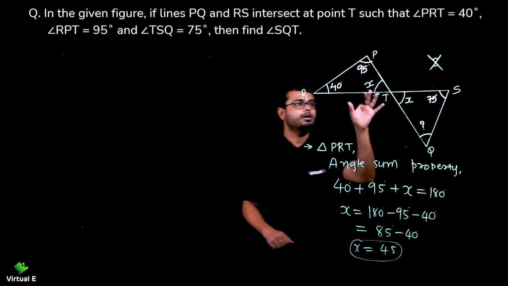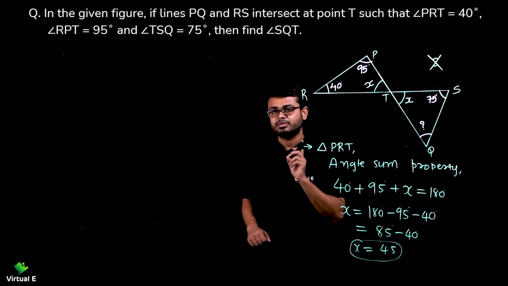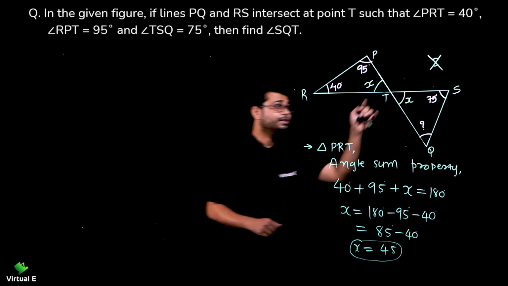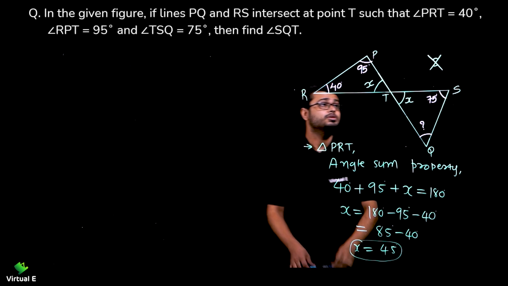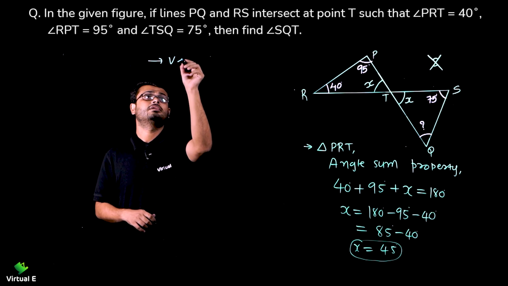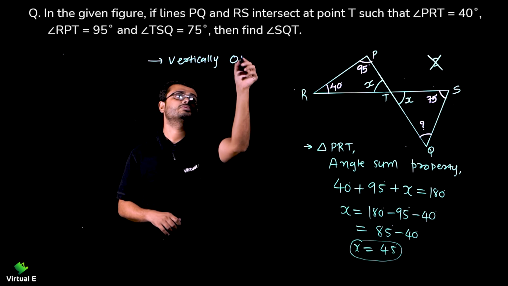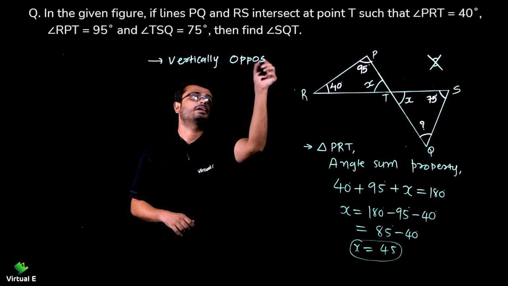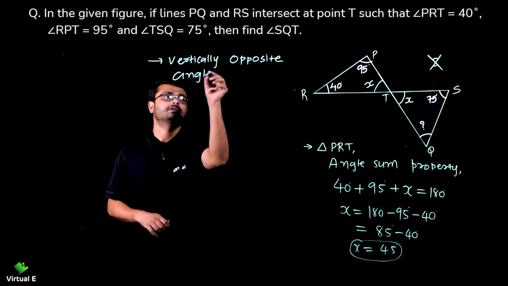Now I have written x on both sides, but I have not mentioned this statement. You have to mention that these two angles are equal and the reason behind that as well. So let's write it: vertically opposite angles, right?